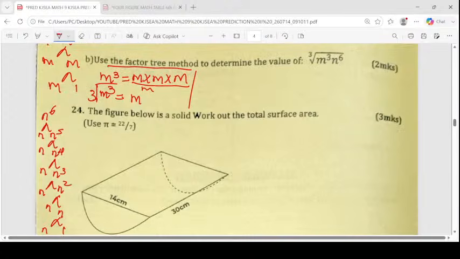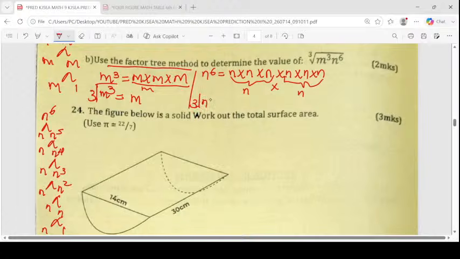So you can clearly see that n power 6 is like saying n times n times n times n times n times n. Then because we want the cube root, we'll put them into 3's. Up to this point you pick 1 n. Up to this point you're going also to pick 1 n. So the cube root of n power 6 is like saying n times n, which is n squared.